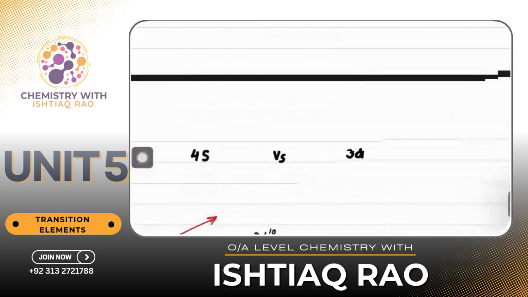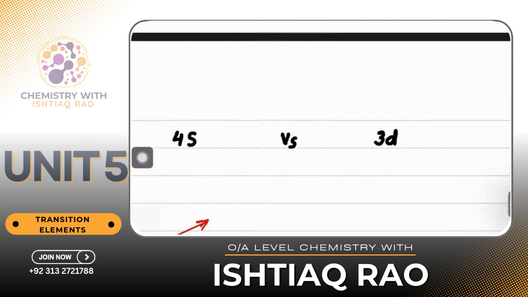I didn't tell you about 4s versus 3d: whenever we write the configuration for the transition elements, we have to end the configuration at 4s. 4s comes after 3d. Why? Because the energy of the 4s is higher than the 3d. That's the reason. Whenever we write the configuration, 4s comes after 3d.